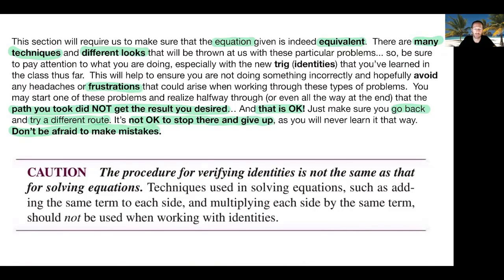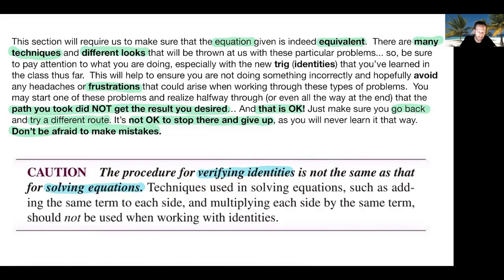Okay, so the procedure that we're going to be utilizing in this section is to, like I said, verify the identities. And that's not the same as solving equations. Okay, there's not necessarily going to be an unknown. We're going to just be given things on both sides, and we're going to have to just, like it says here, verify that they are equivalent.